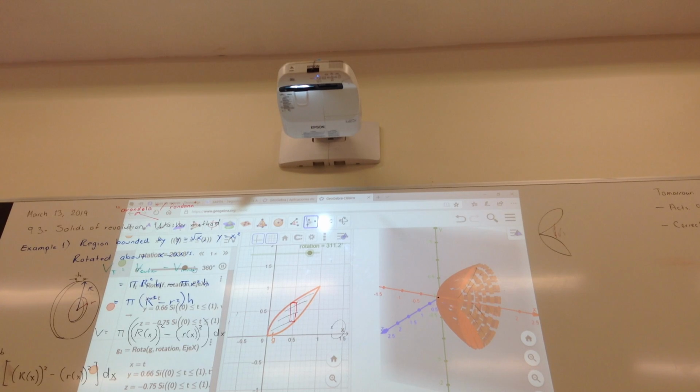And that's the formula for the washer method. Okay? Do you understand that? We're going to use it in the example, just when I'm explaining how to get the formula.